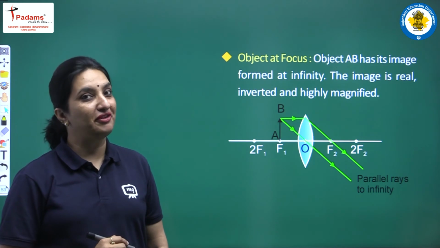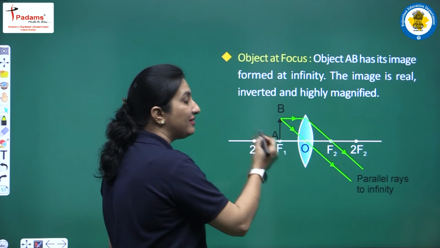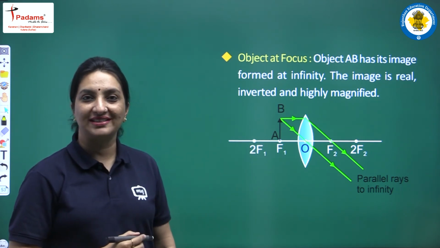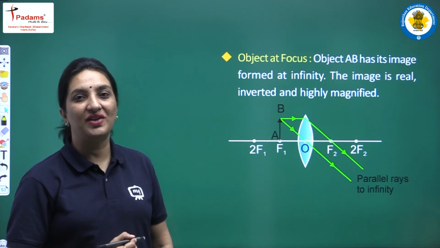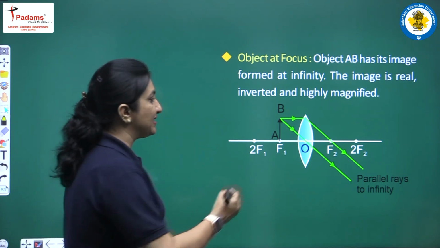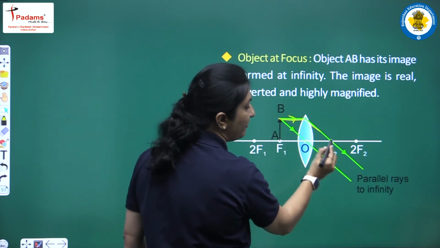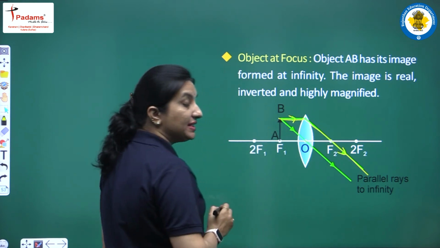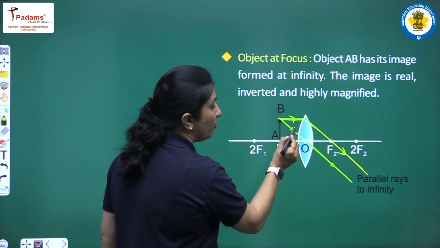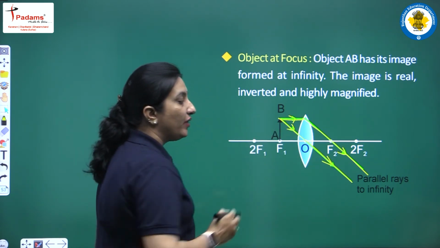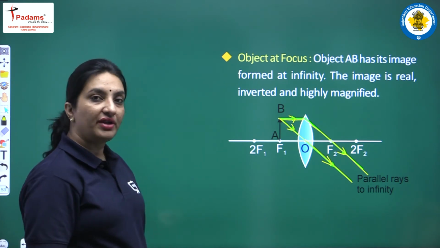So let's see the fifth position. Now here students, the object is placed at the first principal focus. Again we will see how the image is formed, and for image formation we will again take two types of rays. So the first ray, which is coming parallel to the principal axis, after refraction will pass through the second principal focus, and the ray of light which is moving towards the optical center will go undeviated, that is it will move in a straight line after refraction.